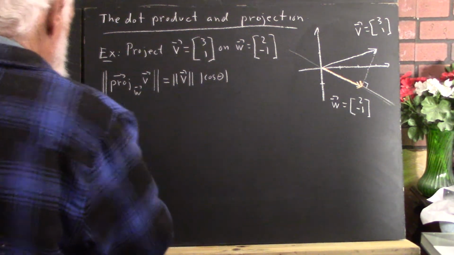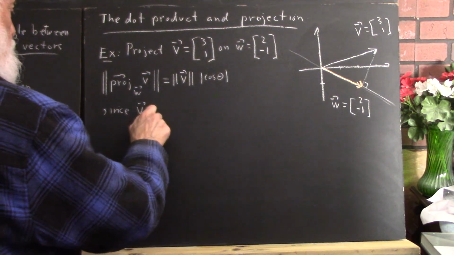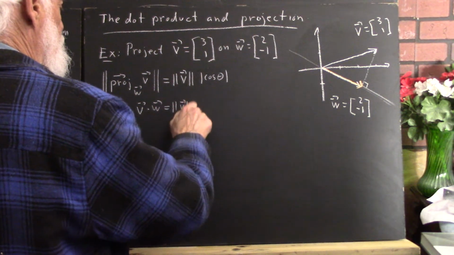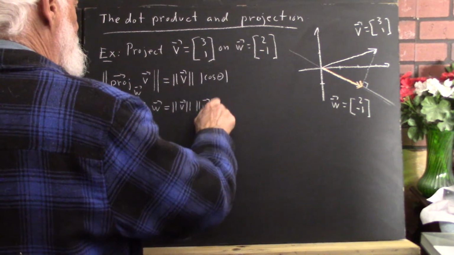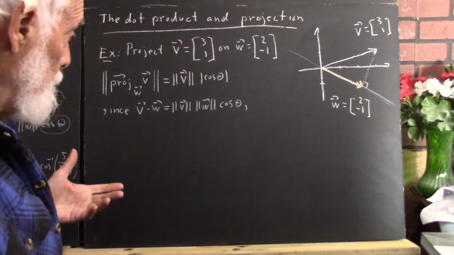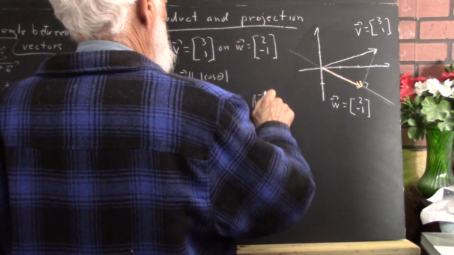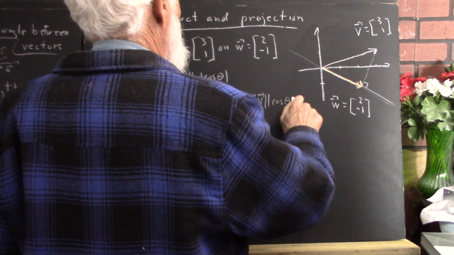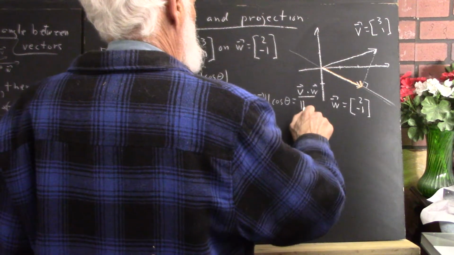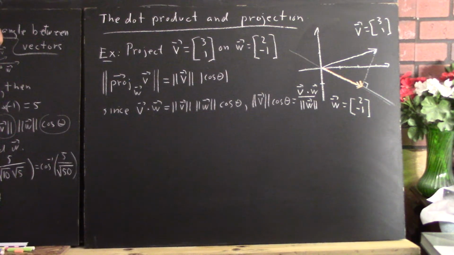Now let's write this out. Since this is true, the magnitude of v times the cosine of theta equals v dot w divided by the magnitude of w.